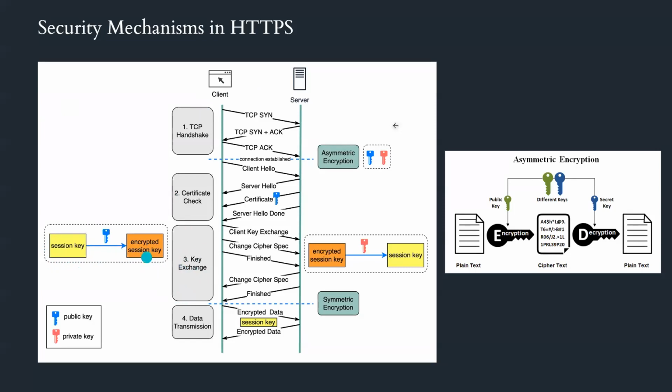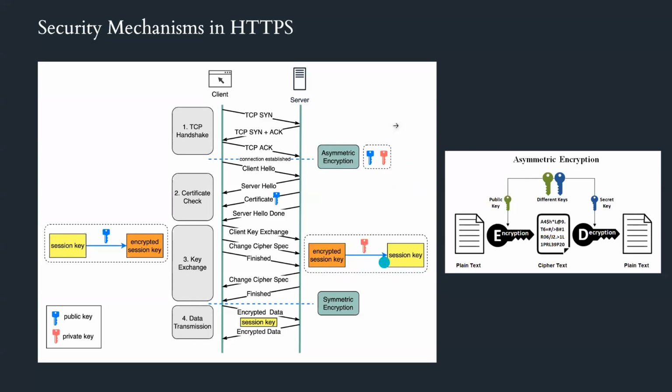The client will send that encrypted session key directly to the server, and the server will receive this key, and the server will be able to decrypt this key using its private key, right?